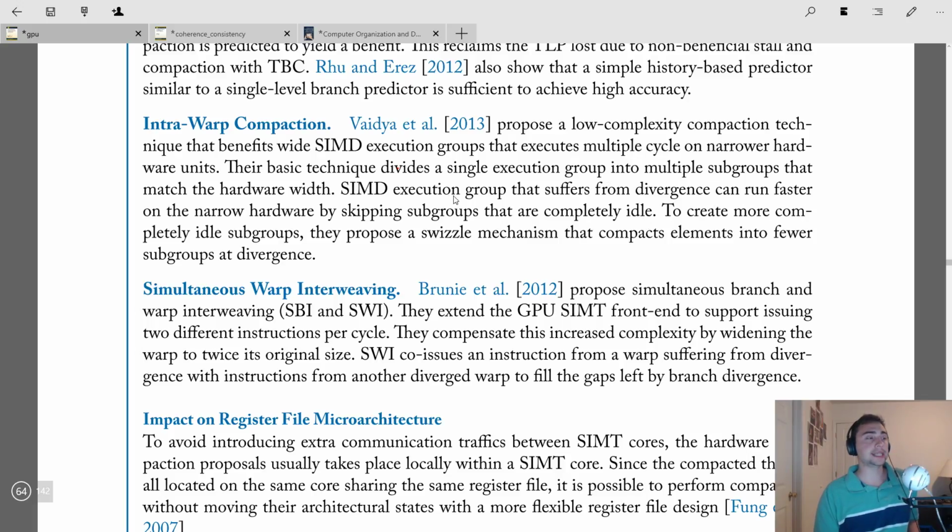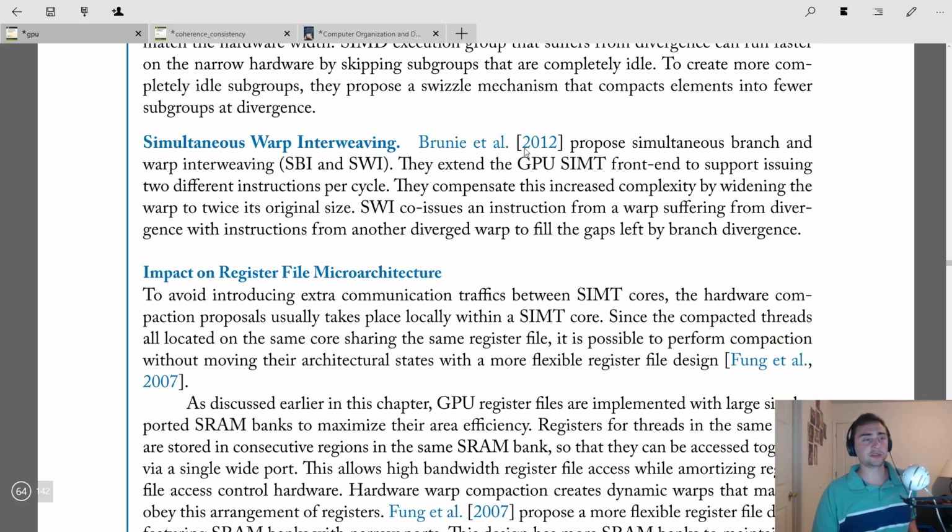So in order to create these completely idle subgroups, they've got to add another mechanism, a swizzle mechanism, that compacts elements into fewer subgroups at divergence, right? So, if you've got some threads going one way, you want to swizzle that warp around so that you've got a contiguous group of threads that aren't doing anything, for example.